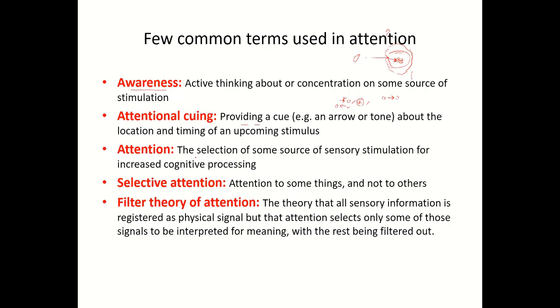So attention is the selection of some source of sensory stimulation for increased cognitive processes. This is important. Why do we need to pay attention? We pay attention to increase our cognitive processing, to identify the object, to see the individual features of that object, right? So we pay attention to improve our cognitive processing, to memorize better.